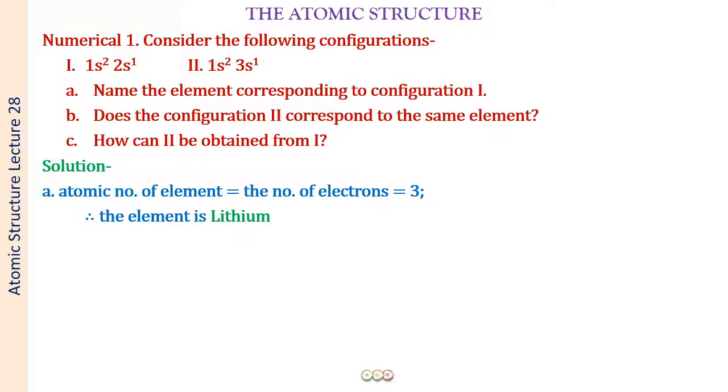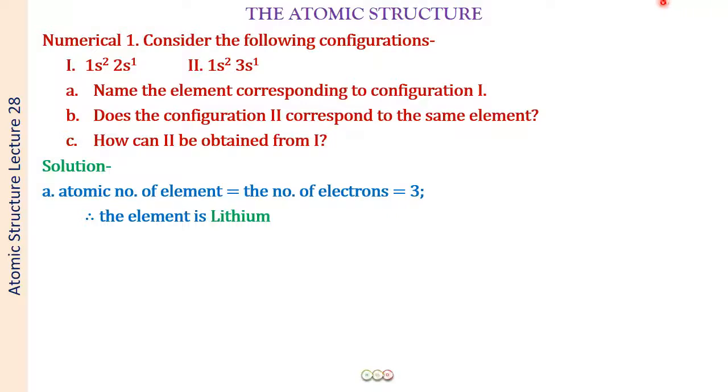This is what is going to help you solving questions like this. You should remember till atomic number 30 at least the electronic configurations, the atomic numbers and the name of the elements.